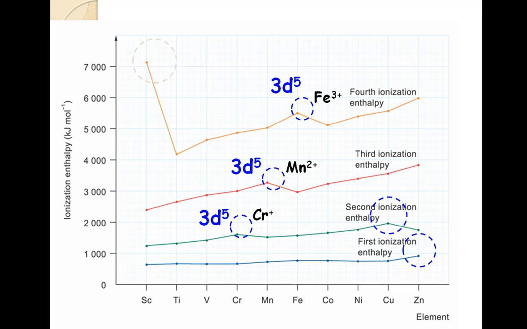That's why I was telling you, if you are to interpret the ionization enthalpy, first, second, third, whatever, of any element or ion, just write down its electronic configuration and remember that half-filled and completely filled electronic configurations are more stable, so you will get your answers.